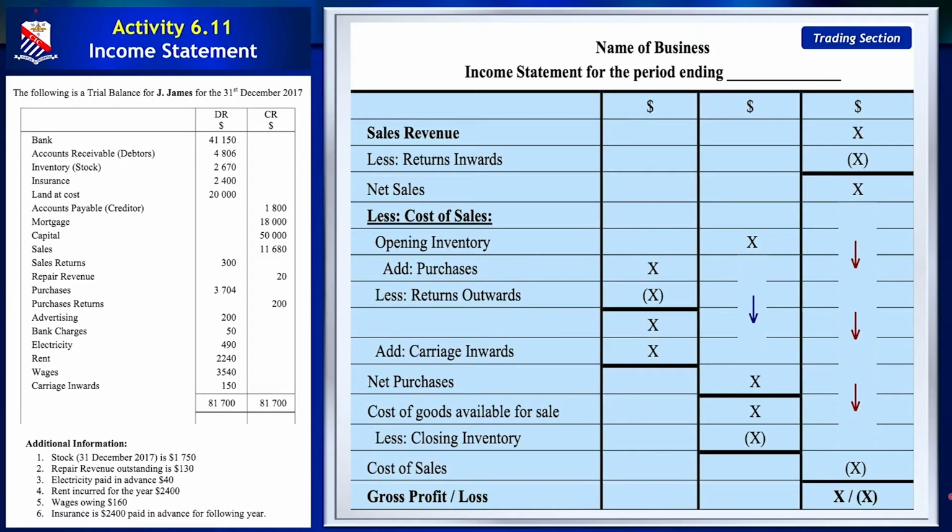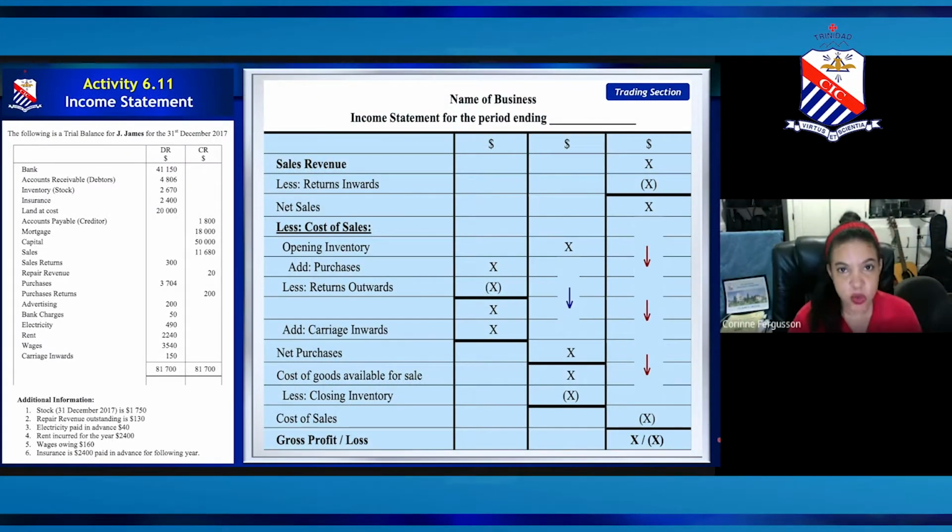In the trading section, this is the very, very long format that you have to practice, that we had practiced before. This is what you need to memorize because it is a format in a certain order. Once you have this done, everything else is easy sailing.